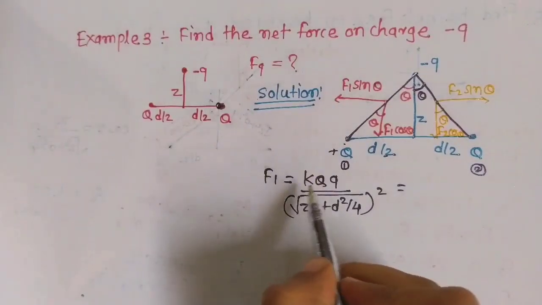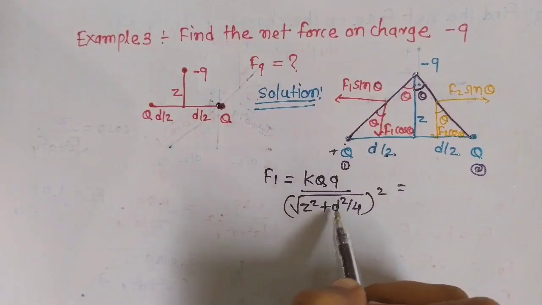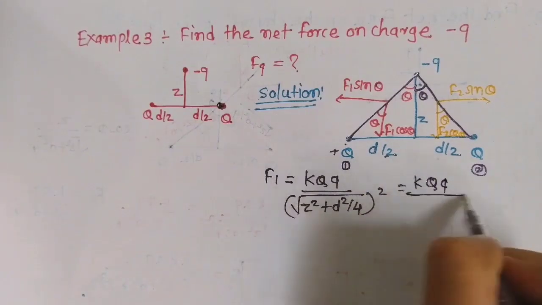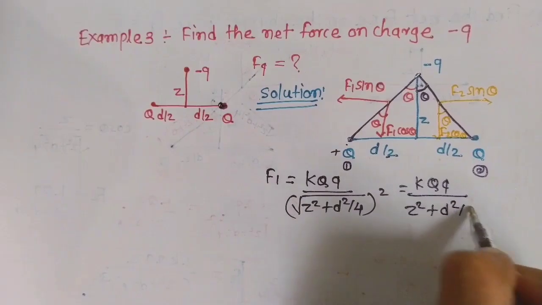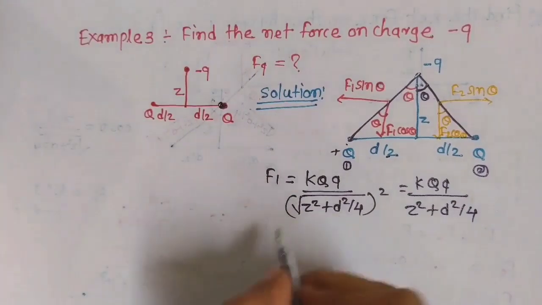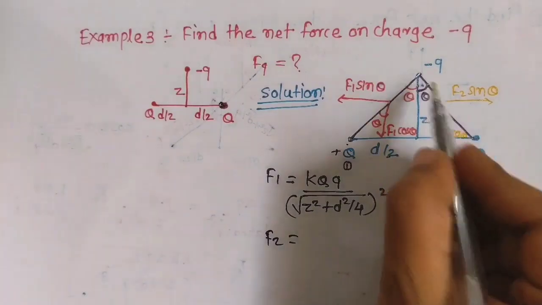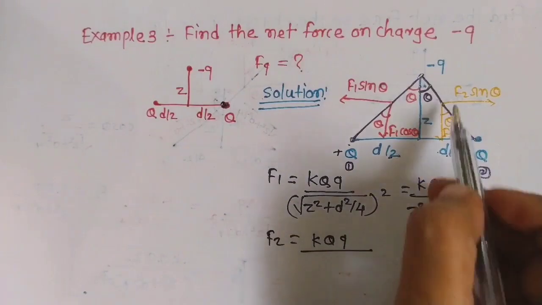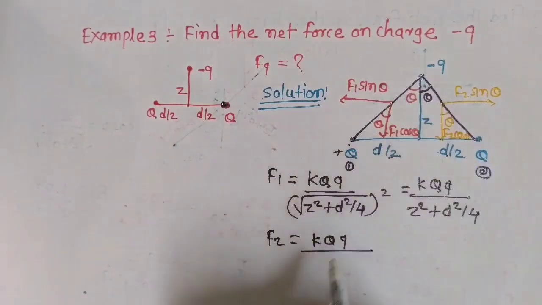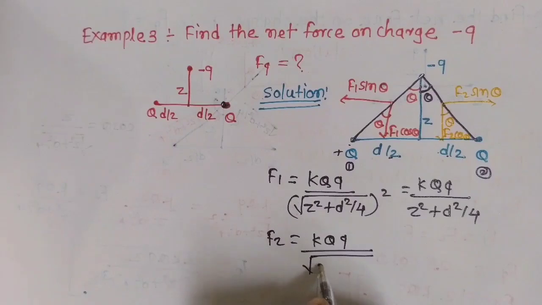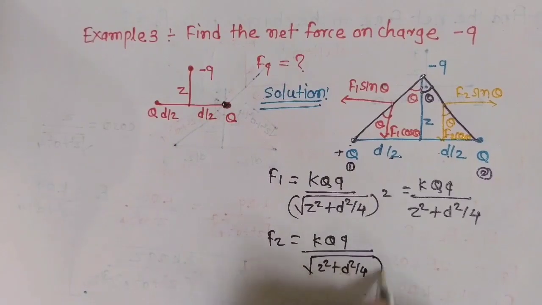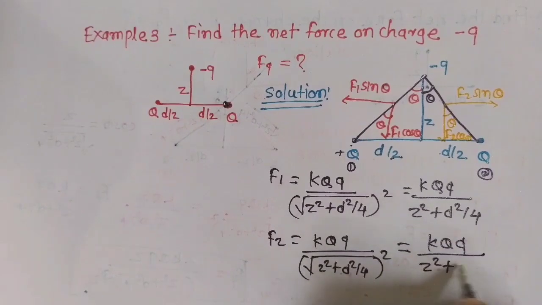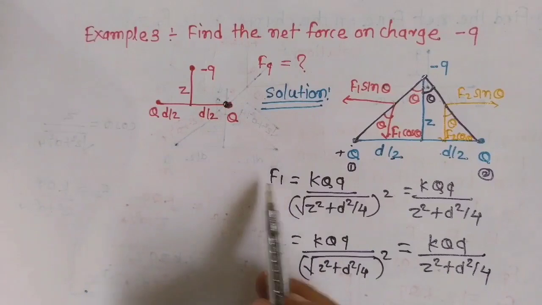z square plus d square by 4. So we can write it as kQq upon z square plus d square by 4. F2 is equal to kQq upon the distance squared, where this is d by 2, this is z, therefore the distance is under root z square plus d square by 4, and its square is z square plus d square by 4.